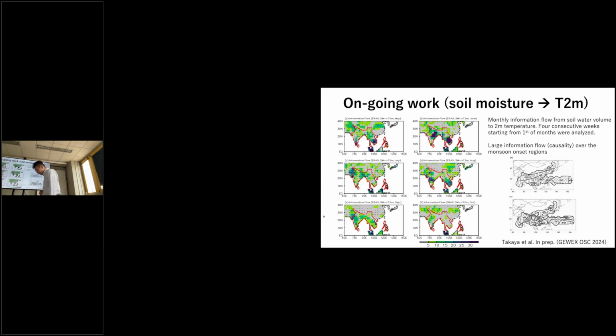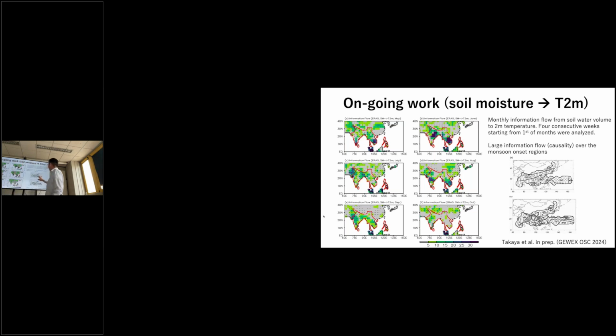For example, if we think about the timing of the monsoon onset, we know that the Asian monsoon starts in the very southern part of India, around Kerala. We have the monsoon onset in June over this region, and that also extends to the northern part in July.